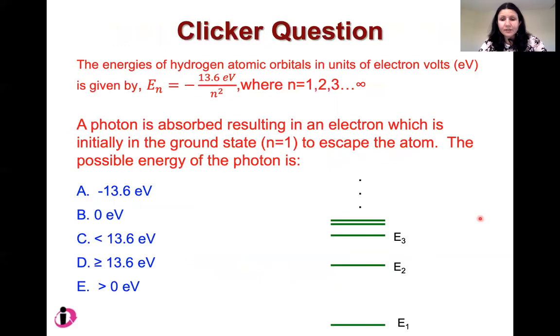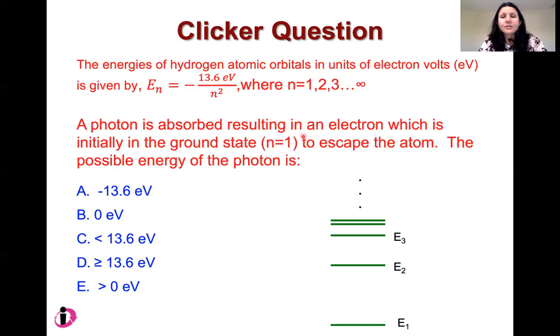All right, so I'm almost done here. Let's just look at one question. Just to remind you, here are the energy levels for a hydrogen-like atom, and we are talking about hydrogen, so Z is 1.